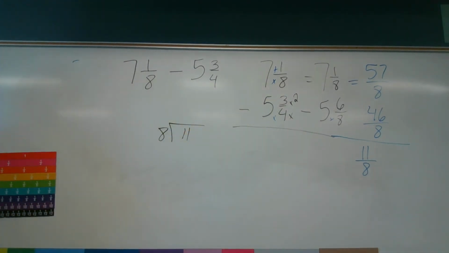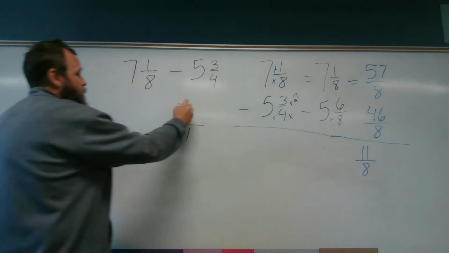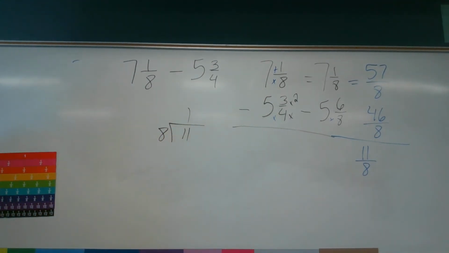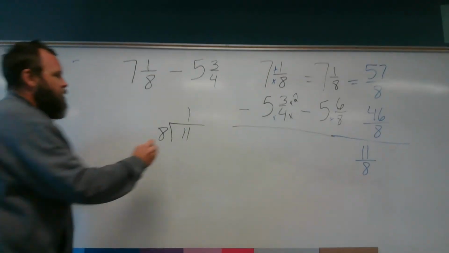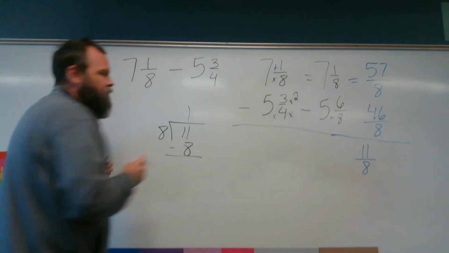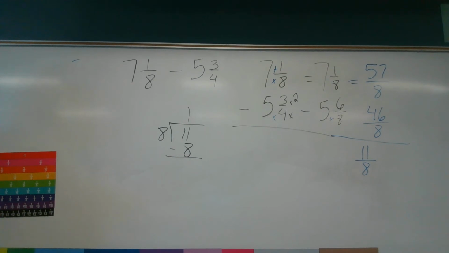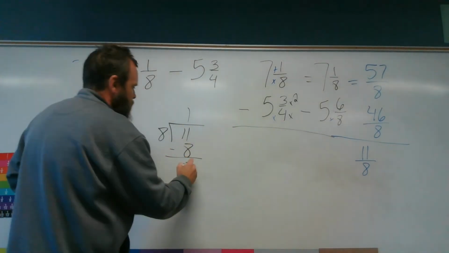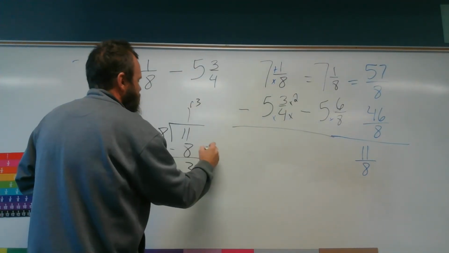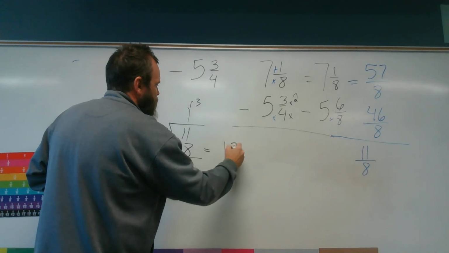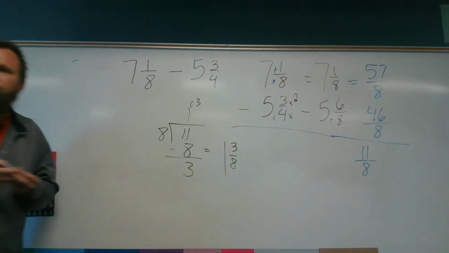Victoria, how many times does 8 go into 11? 1 time. 1 times 8 is 8. 11 subtract 8 is 3. So 1 remainder 3, which equals 1 and 3/8.